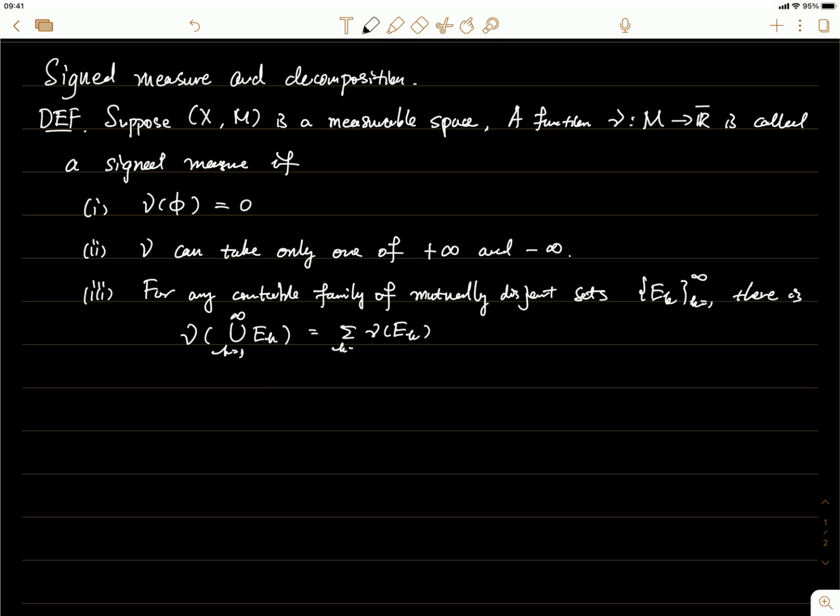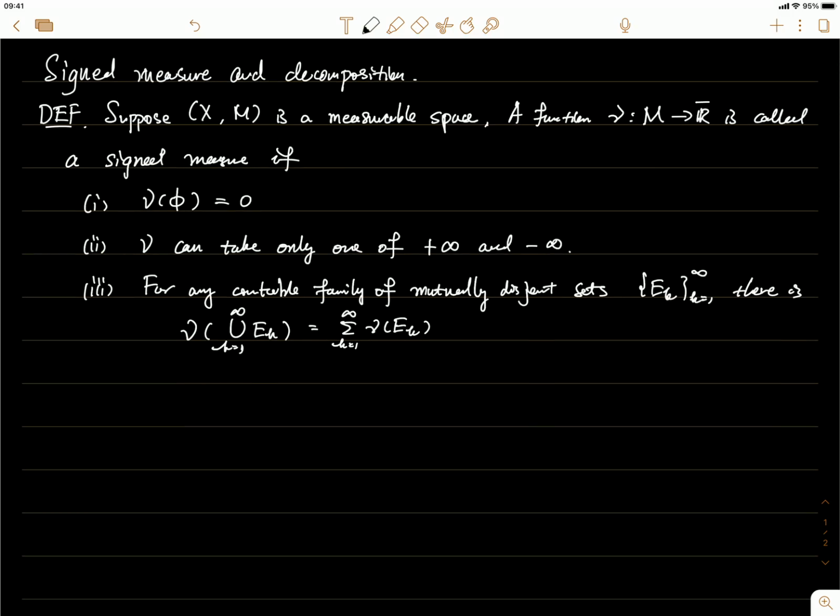Each one of them could be positive or negative, but the signed measure of the union is equal to the sum of the signed measures if those sets are disjoint. So this is the same as the measure. The only difference is that right now the measure could take a negative value.